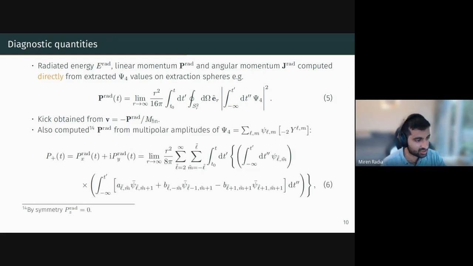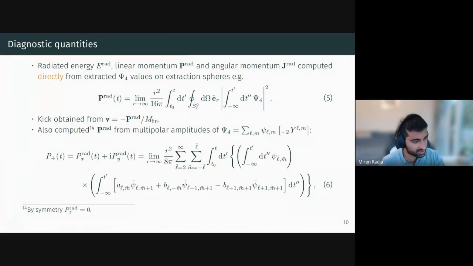In addition to computing the radiated momentum using equation 5, we also use this much more complicated looking formula to compute the radiated momentum using the multipolar amplitudes. You can expand psi4 in terms of the spin weight -2 spherical harmonics, and we give the symbol lowercase psi LM to these amplitudes.